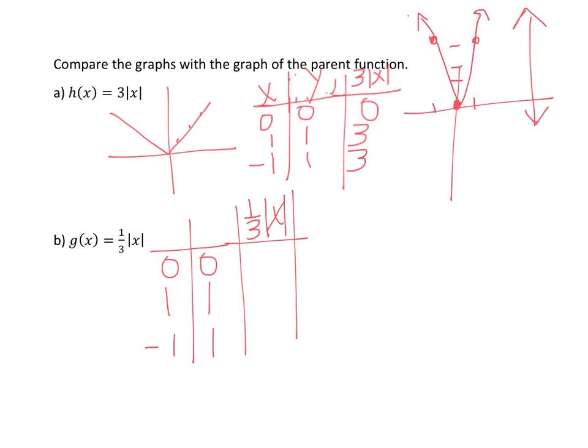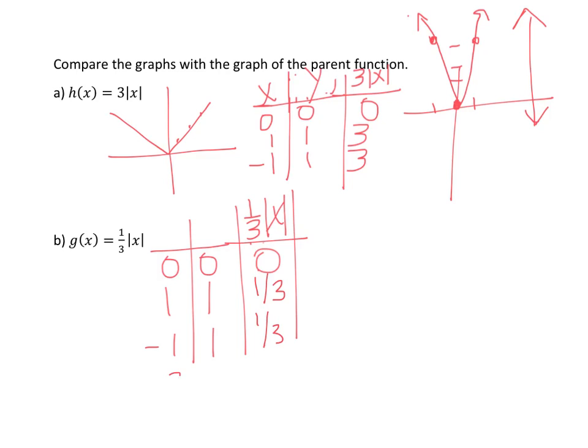Well, 1/3 times the absolute value of 0 would be 0. 1/3 times the absolute value of 1 would be 1/3. 1/3 times the absolute value of negative 1 would be 1/3 again. I found my v, but I really don't have any good points.